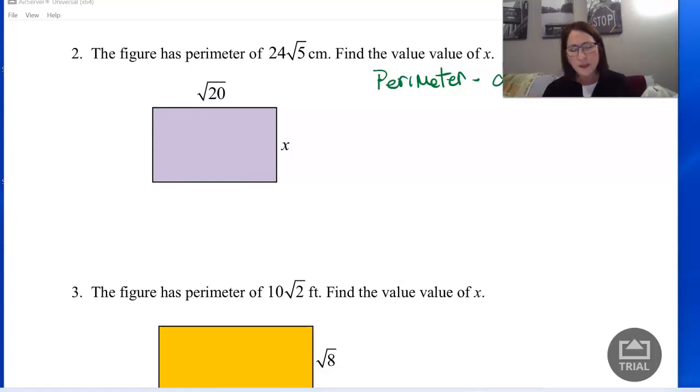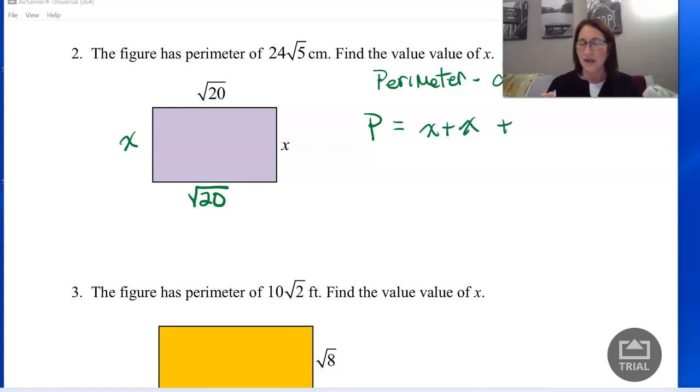Okay. So I know because this is a rectangle, the opposite sides are the same. So I've got an x and a square root of 20 and a square root of 20. So I could say perimeter is x plus square root of 20 plus square root of 20.